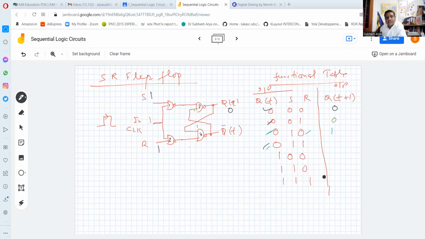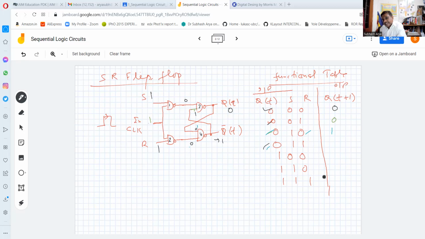What input will make the output 0? Earlier it is 0 here, so 0 will be available here. So immediately it will make the output, from here, again the situation is the same. Just you see 0 and 0.